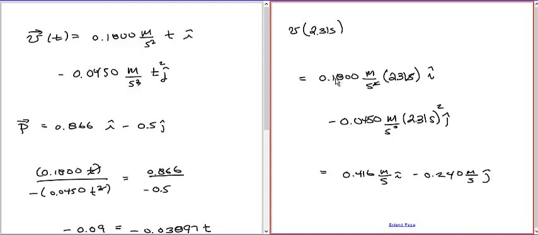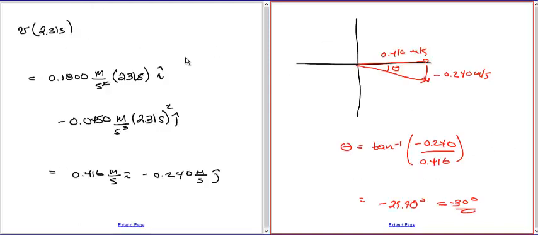Then I evaluated the velocity at 2.31 seconds to get that, and made up a velocity triangle with the x component and the y component. Because the opposite over the adjacent is the tangent, I take the inverse tangent. And because I have a negative sign here, I get a negative angle. And it all works out. So how about that?